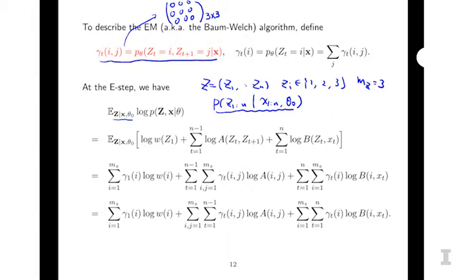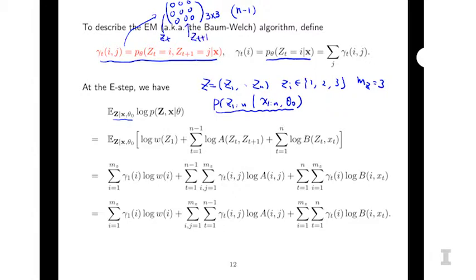Once we have this table, how many tables do we have? We have n-1 such tables. Once we have these tables, we don't even need to keep track of the marginal distribution of each zt, because in those tables the row represents zt and the column represents zt plus 1.